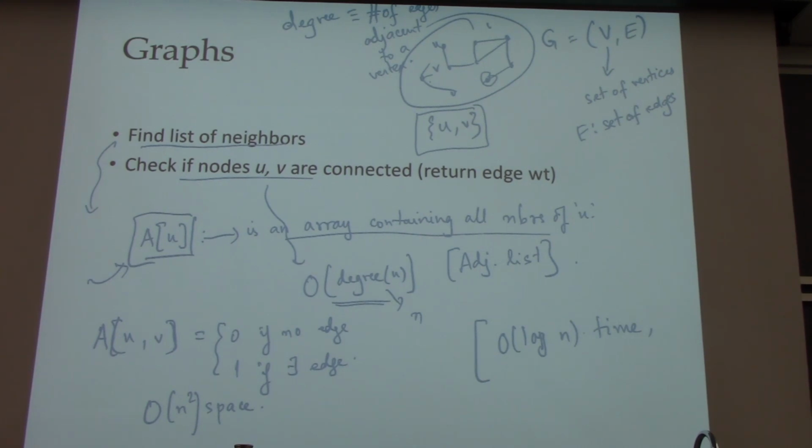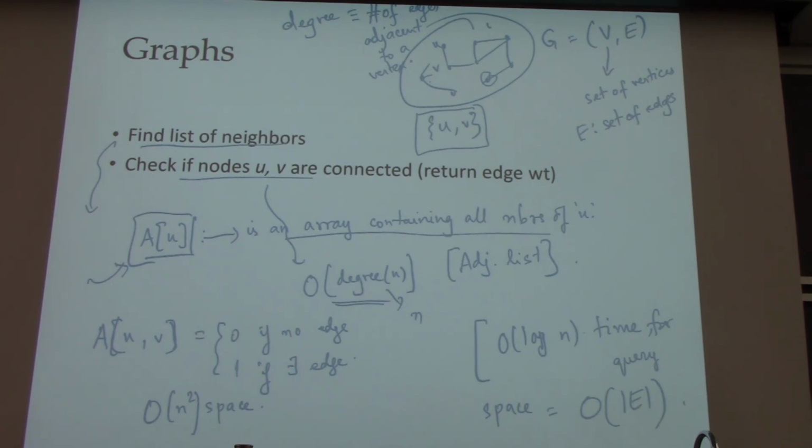Because for every vertex you have at least constant space, and it's the sum of the degrees, which is basically the number of edges. Okay, so the space is O of size. And this is essentially best possible, because even if you just store the list of edges, it takes E.